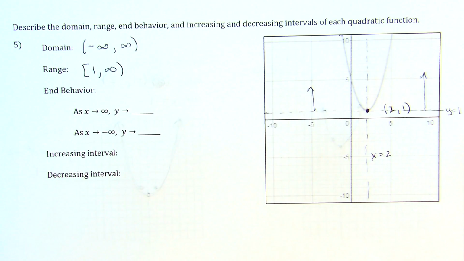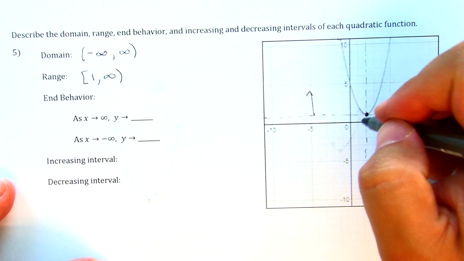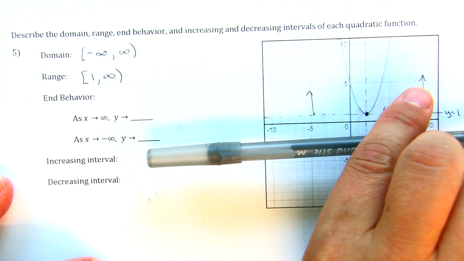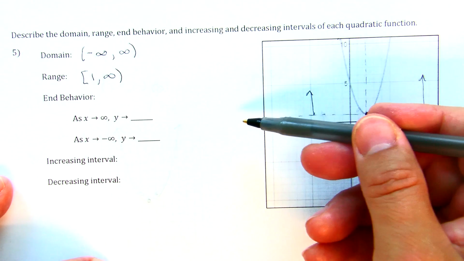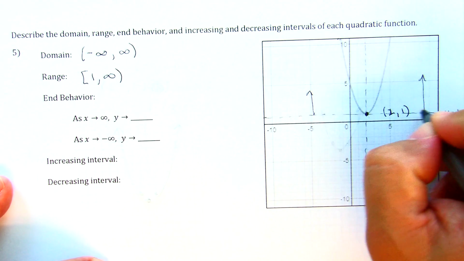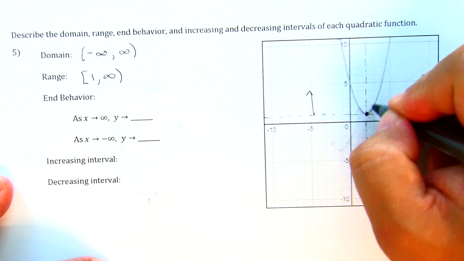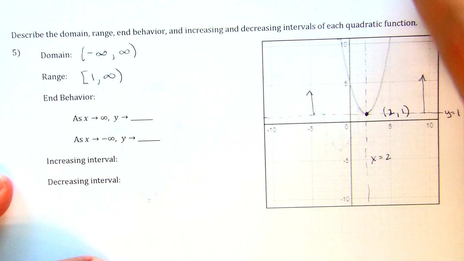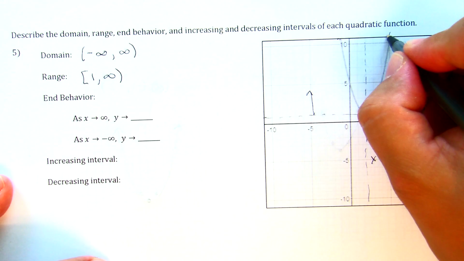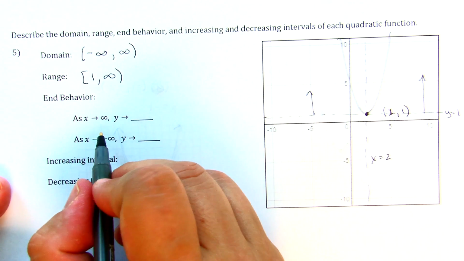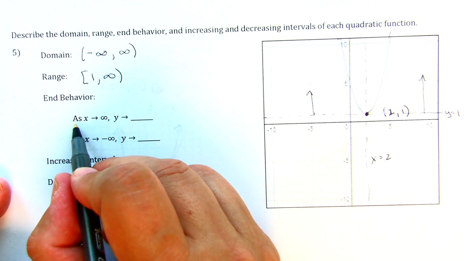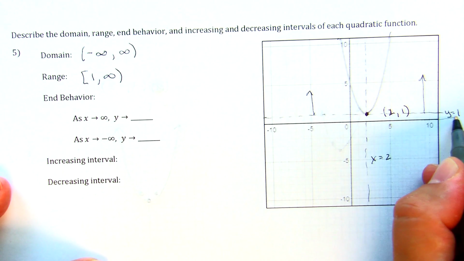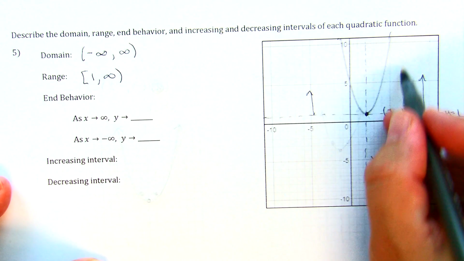End behavior tells me what's happening as I go way out in this direction towards positive infinity and way out in this direction towards negative infinity. Well, what's happening on this side? As I go out this way, the graph goes up and up and up. So it goes up towards positive infinity. I write that over here. That means that as x goes to positive infinity, x is getting bigger, and y is getting bigger.